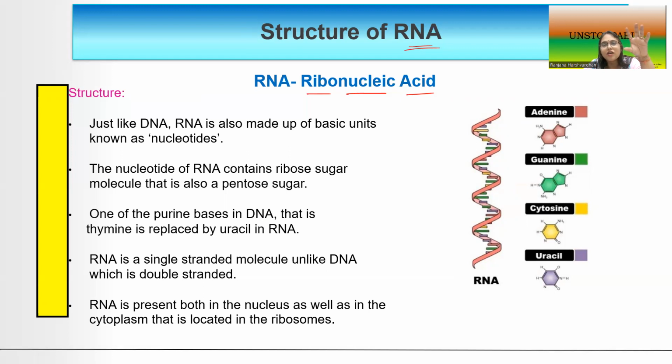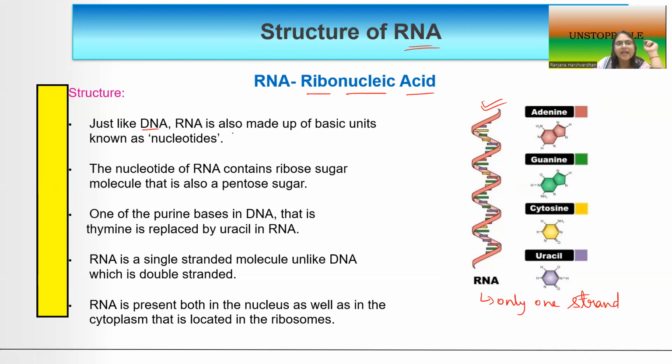Other than these organelles, you will not find DNA in the cytoplasm, whereas ribonucleic acid, RNA, is also present within the cytoplasm of the cell. Unlike DNA, it is not double coiled, it is only singly coiled. We saw that DNA was a double coiled structure with 2 strands, but RNA has only one strand.